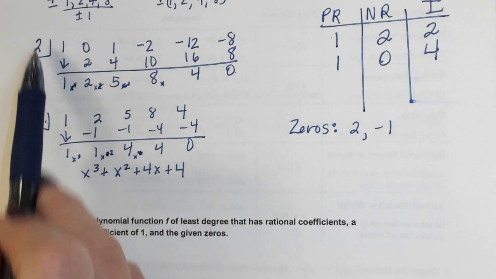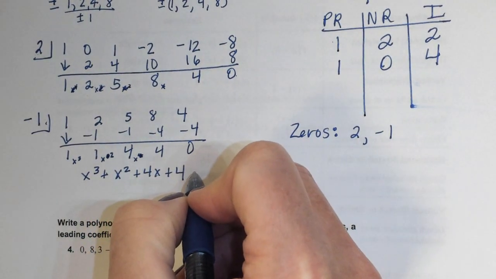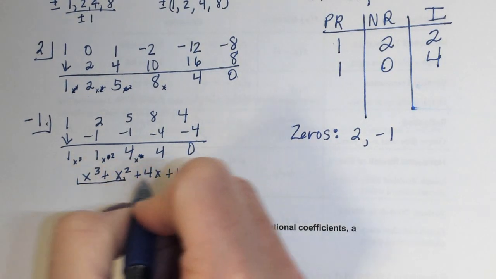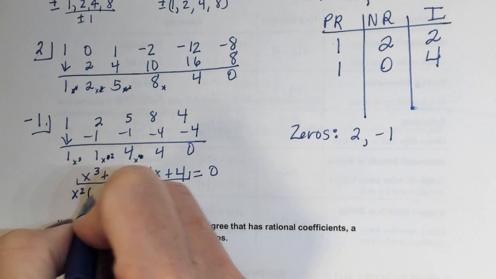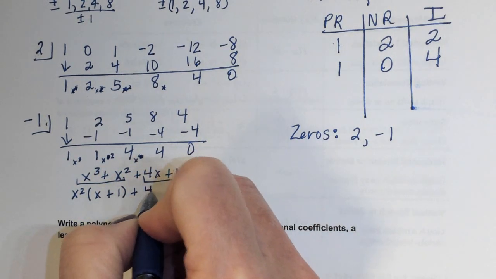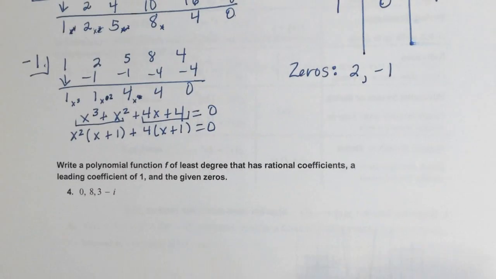Remember how these are always the opposite of what the factors were? But this is easy to factor now, and I can solve this. I'm going to set it equal to 0. The reason it's easy is I can see I can use grouping. I'm going to take an x squared out, and I'm left with x plus 1. I can factor out a 4, and I'm left with x plus 1. We've seen this pattern before.